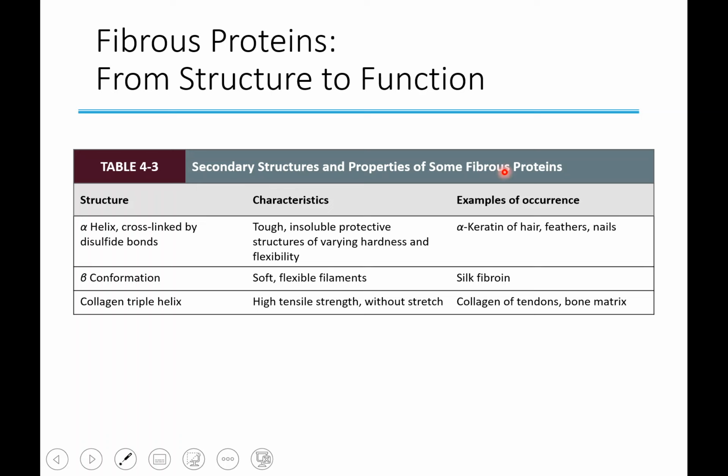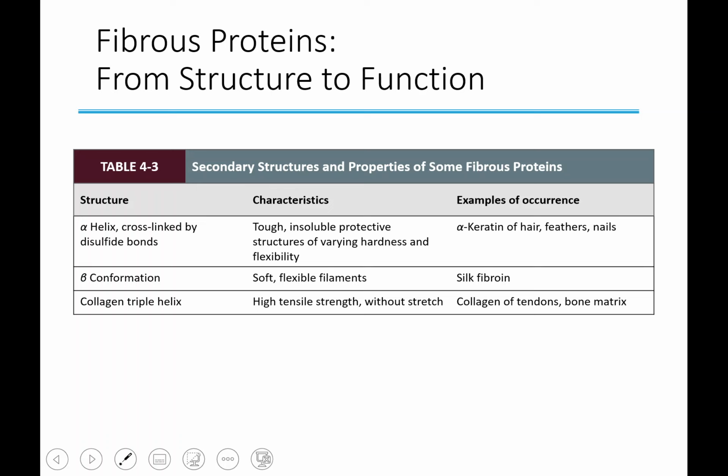They're actually listed on the right side of this table. So alpha keratin, silk fibroin, and collagen are the 3 types of fibrous structures that we're going to look at. What structure they're made of is listed here on the left side of the table.